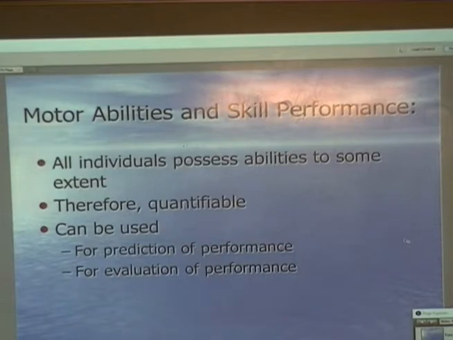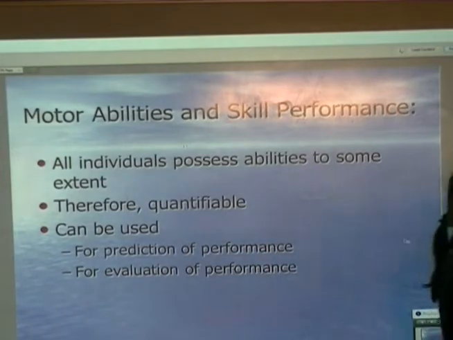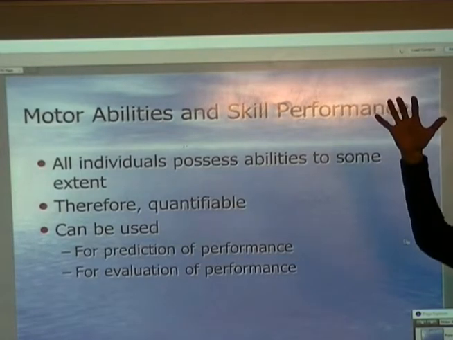So the idea when we're looking at motor abilities is that we all have all of those abilities to some degree or other. Some of us have all of them in very small amounts. Some of us have all of them in very large amounts.